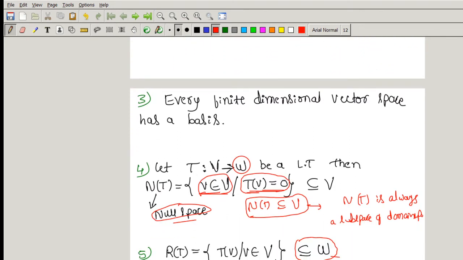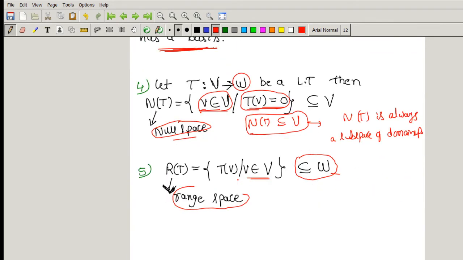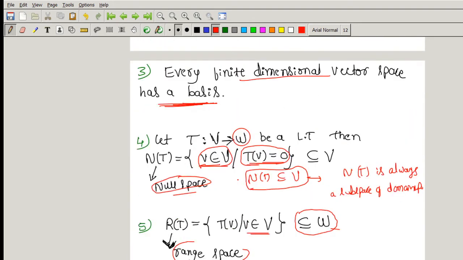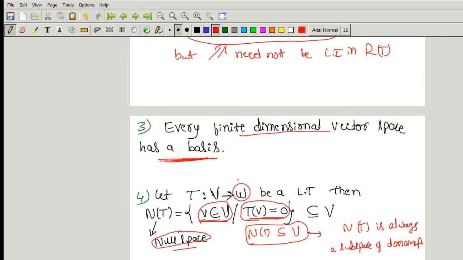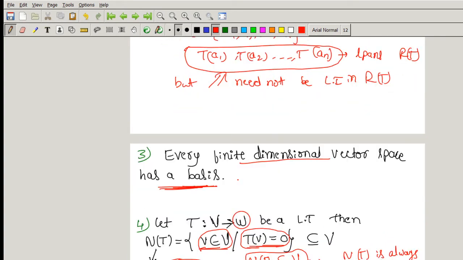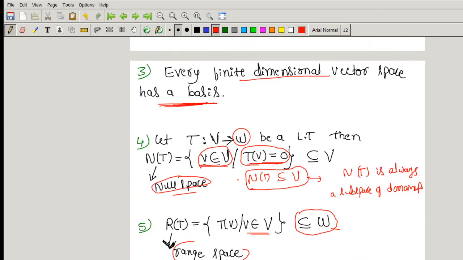And every finite dimensional vector space has a basis.